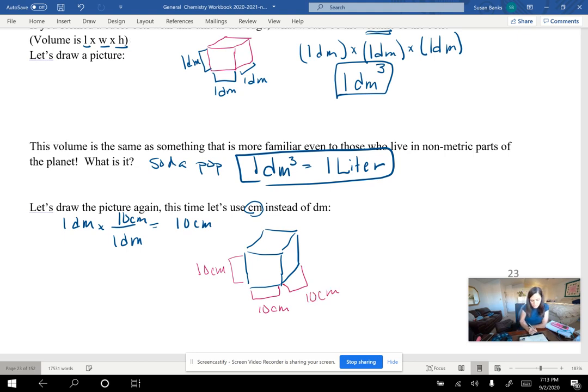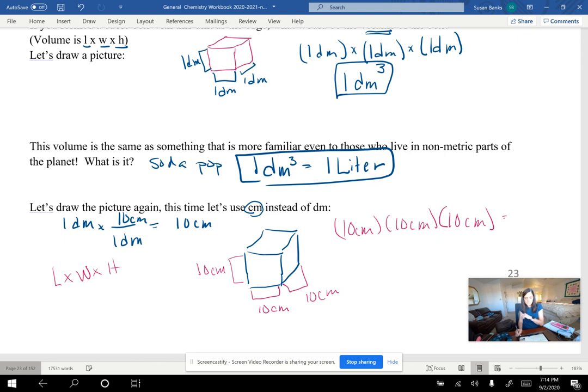Once again, if I want to find my volume, it's going to be length times width times height. So let's do this. My length here is 10 centimeters. My width here is also 10 centimeters. And my height here is also 10 centimeters.